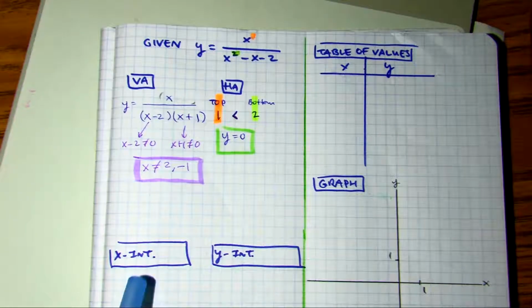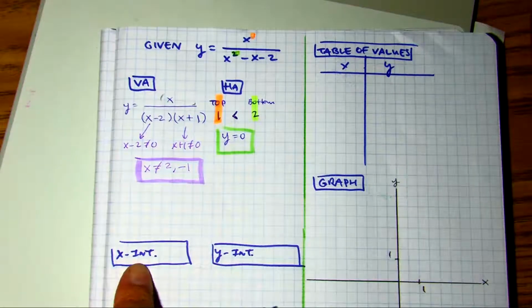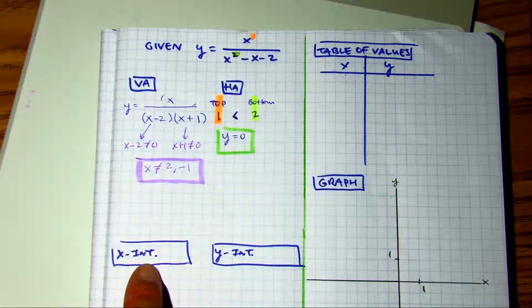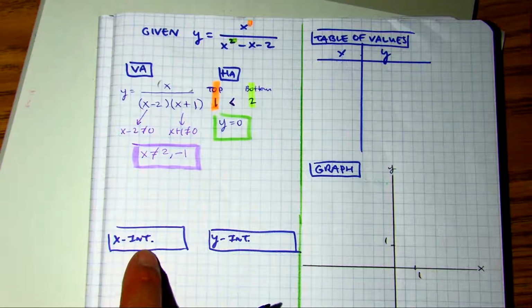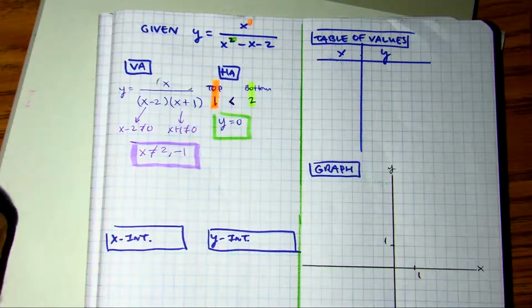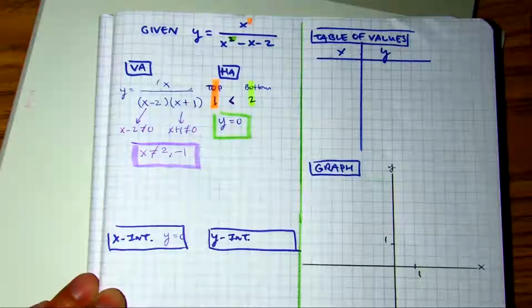Do you want to find the x-intercept or y-intercept? X-intercept? How do you find an x-intercept? We're going to make y equal to 0. Tell me what to write, please.